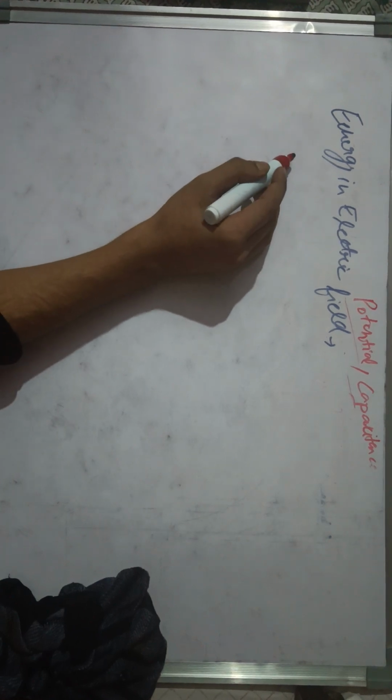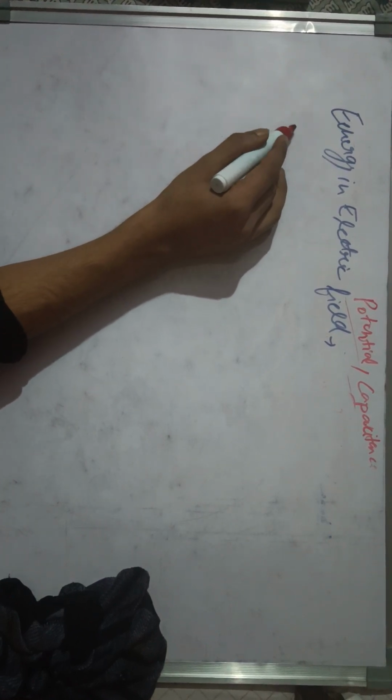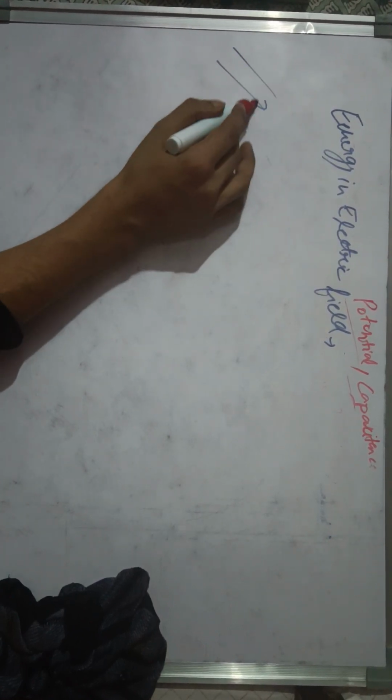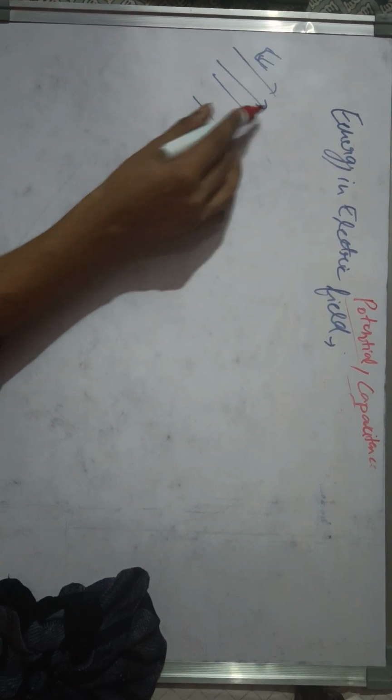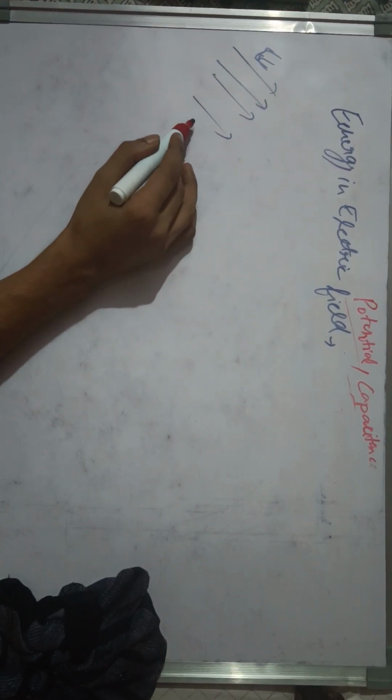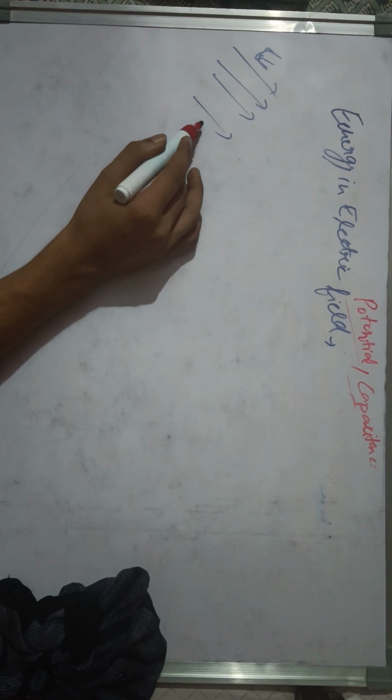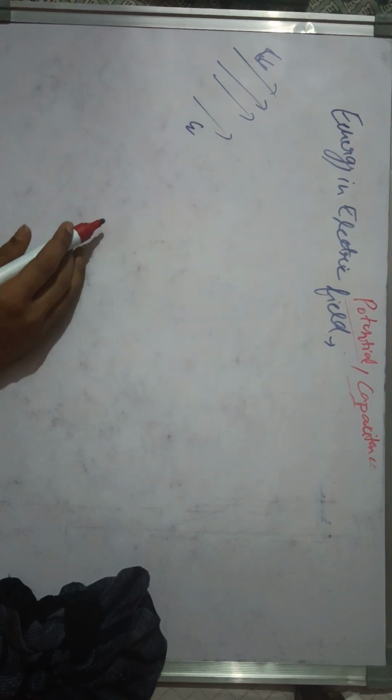When there is an electric field, let's say there is a medium here, it has an electric field, and the permittivity of the medium is epsilon.